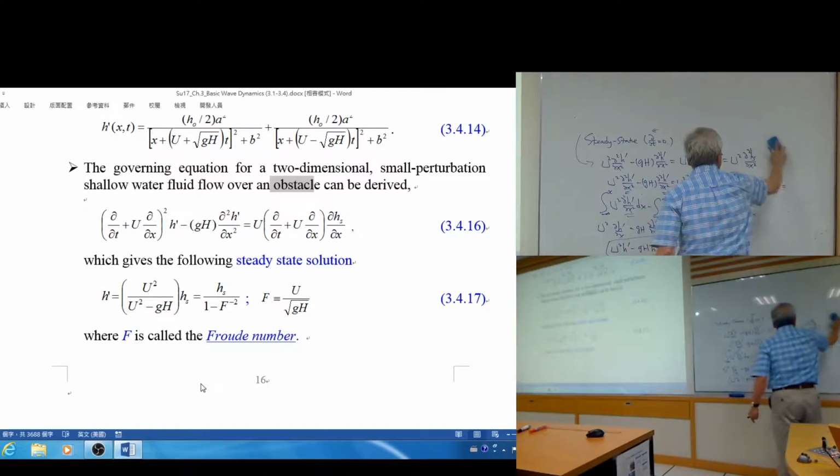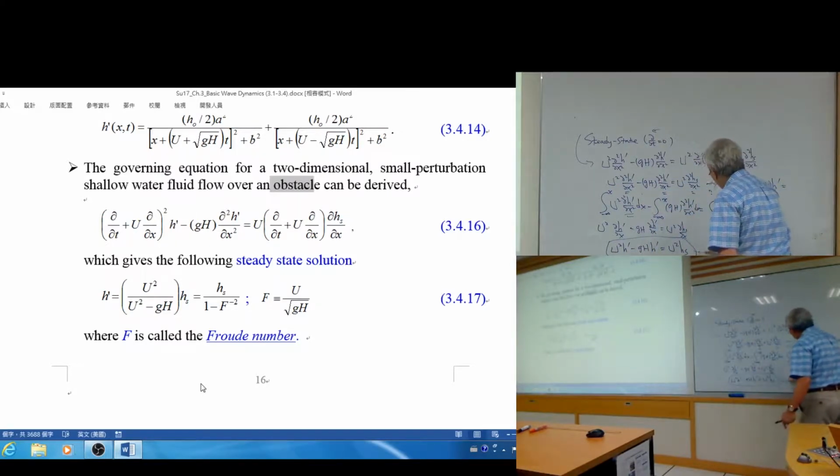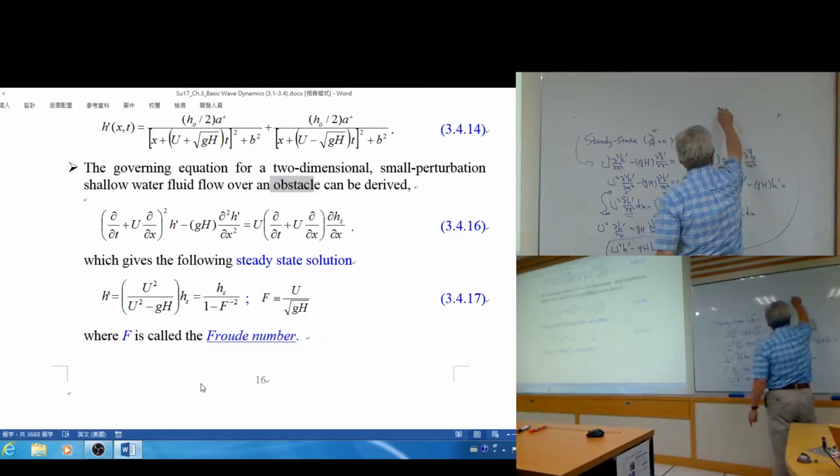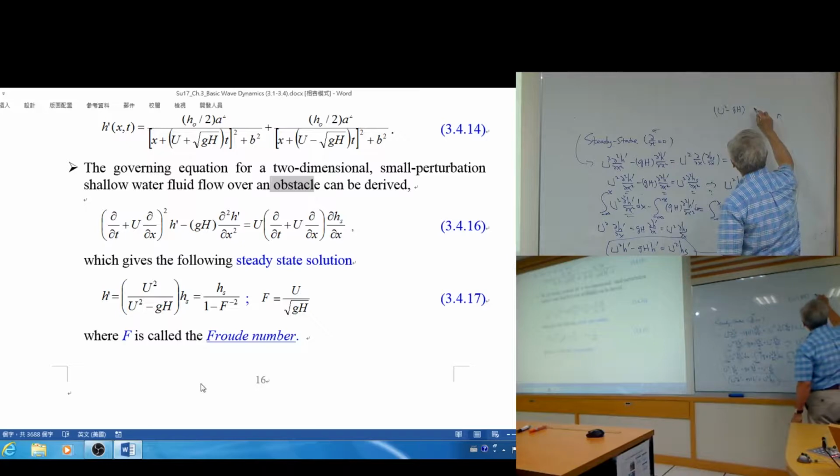Okay, so now reduce this, and this can be combined together because the left hand side we can combine to be u squared minus gh times h prime equals u squared h sub s.